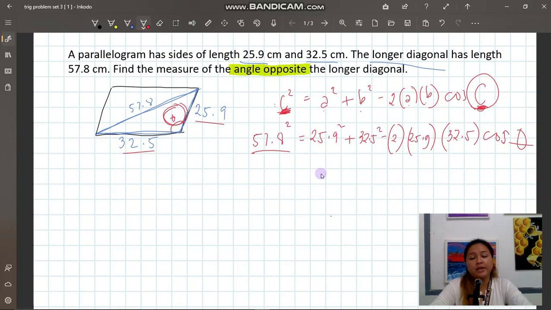What we need to do here is algebra, simplifying, do the necessary operations.